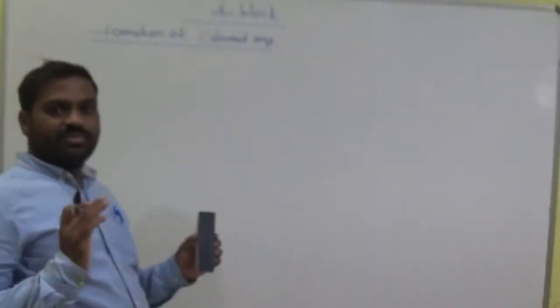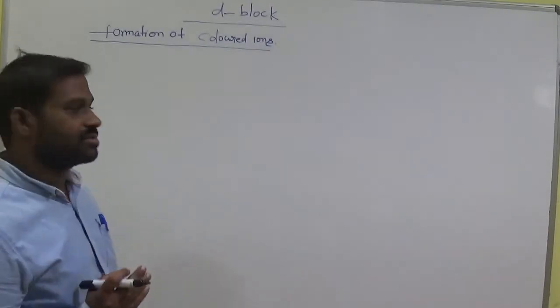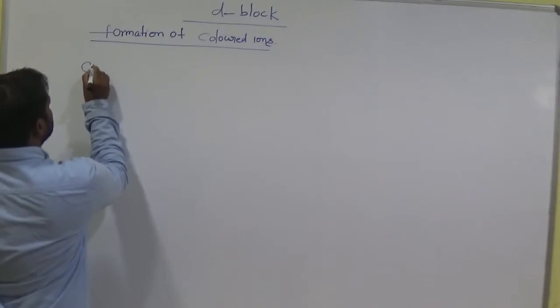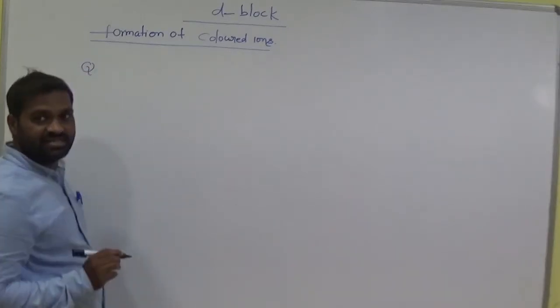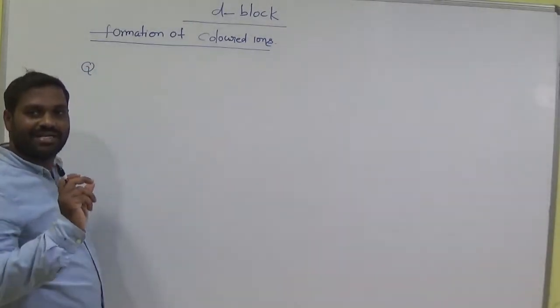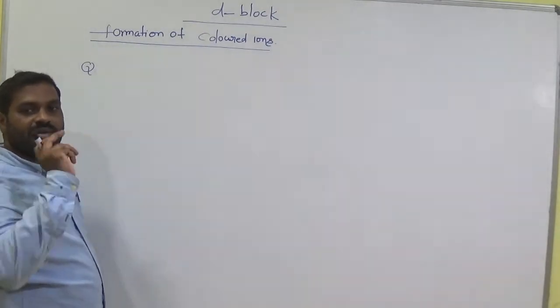Already we discussed some introduction part of this topic. It's very important. Now my question is, why do transition metals show the color property?